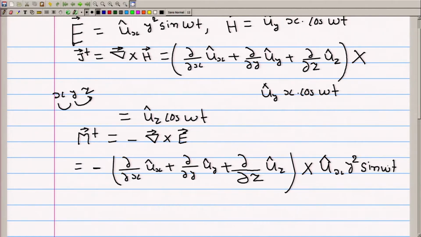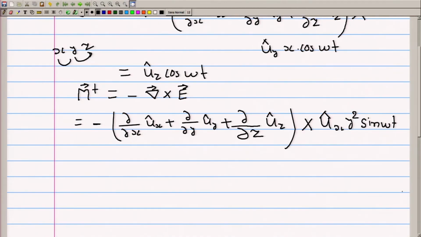Here in the first term ux cross ux will be 0. In the second term, uy cross ux will be minus uz, with differentiation del upon del y of y squared, which gives 2y.